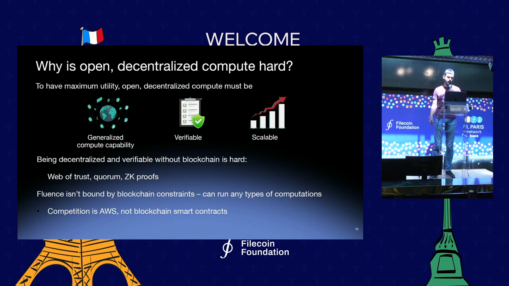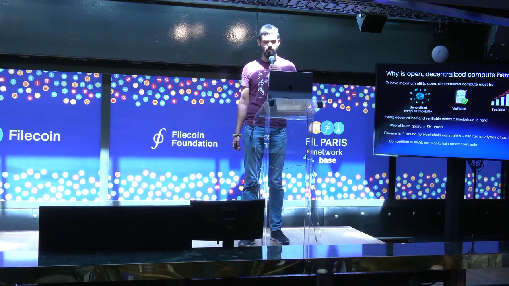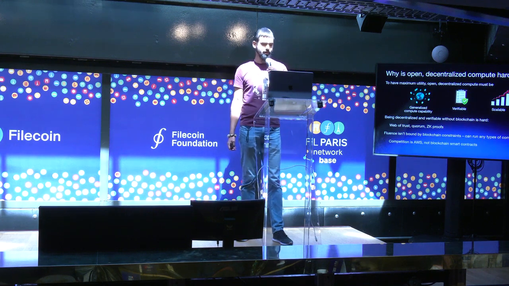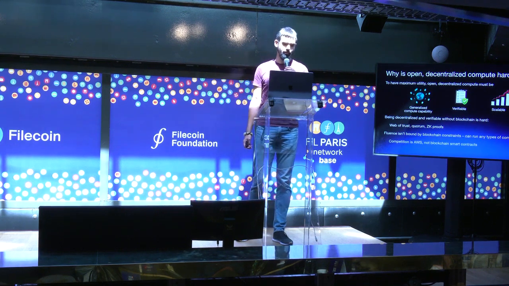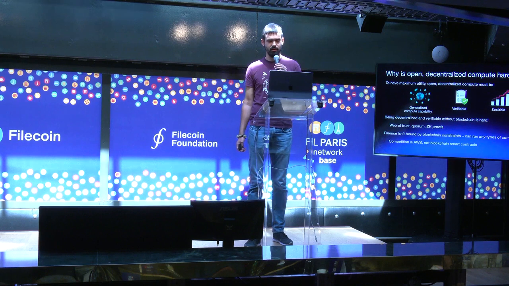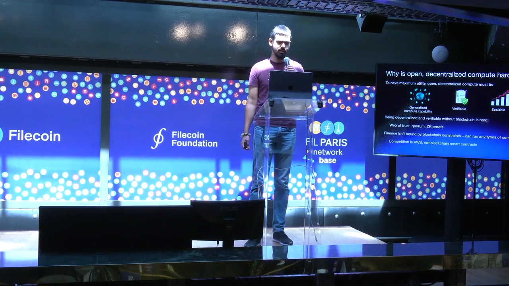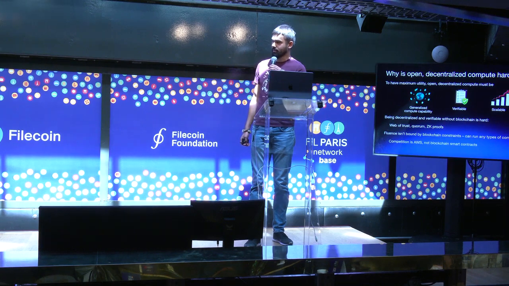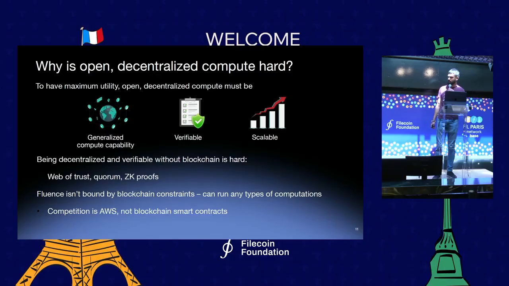Because we want to be verifiable and scalable at the same time, and I want to run compute on generalized compute capacity. That's hard. But now, thanks to concepts like web of trust, different consensuses, and ZK proofs, we can build the model that will help with that.